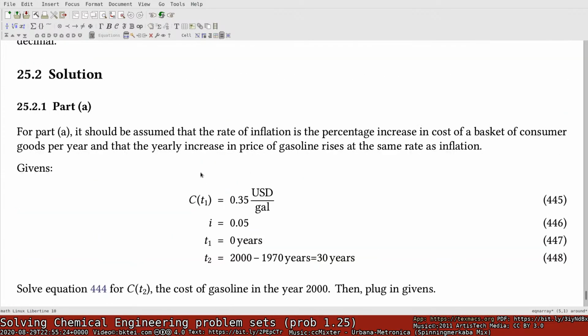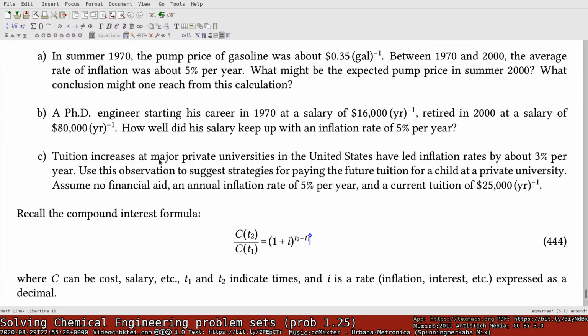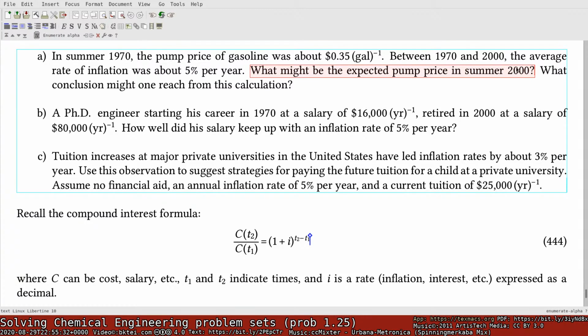Okay, then what else we got? So that's the pump price you might expect in the year 2000. What conclusion might one reach from this calculation? I mean, besides the price? I'm having trouble reading between the lines.